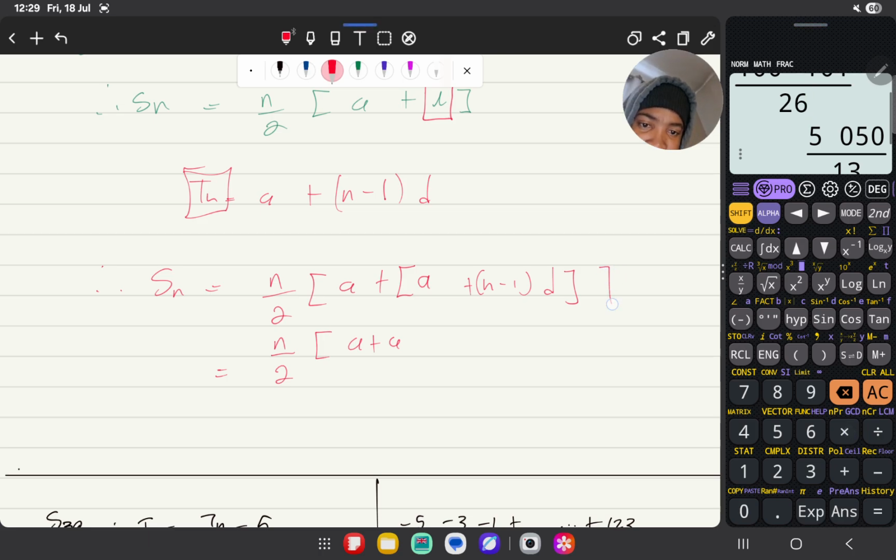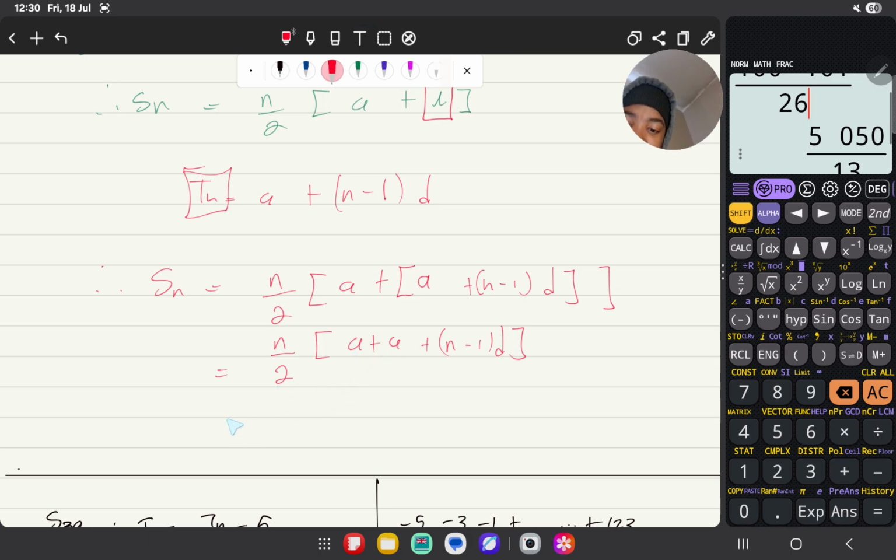Then yes, because this one is for this one, close this one, and this one. Yeah, perfect. So then we still have n minus 1, right? D, right?